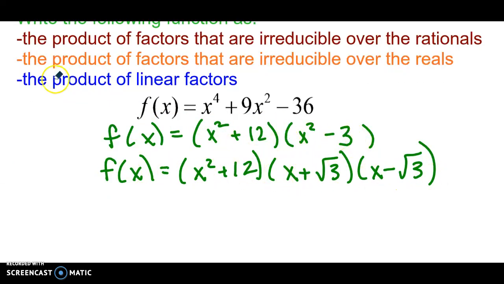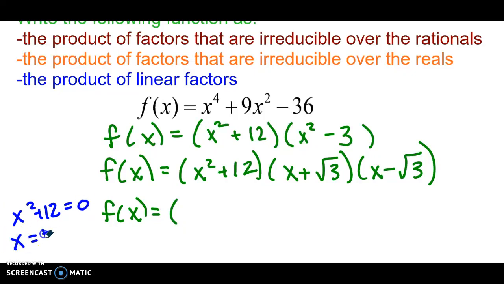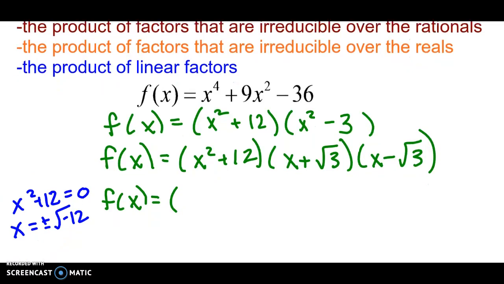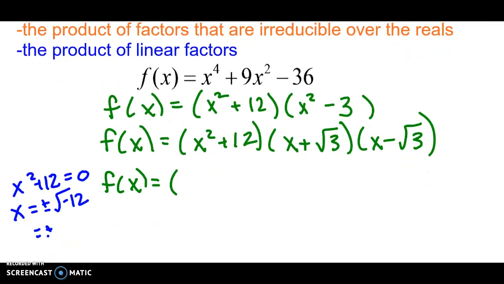Last but not least, let's get a product of our linear factors by breaking down this one. If you're not sure, is x squared plus 12 equal to 0? x equals plus or minus the square root of negative 12, which is equal to plus or minus 2i root 3.